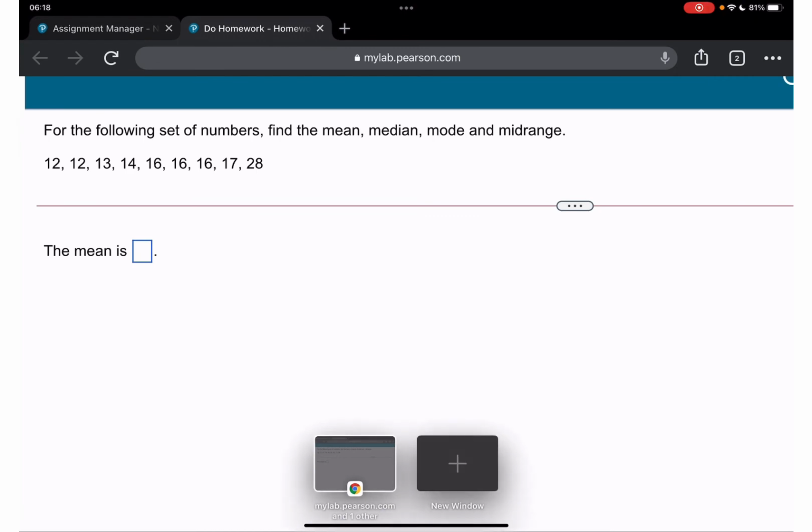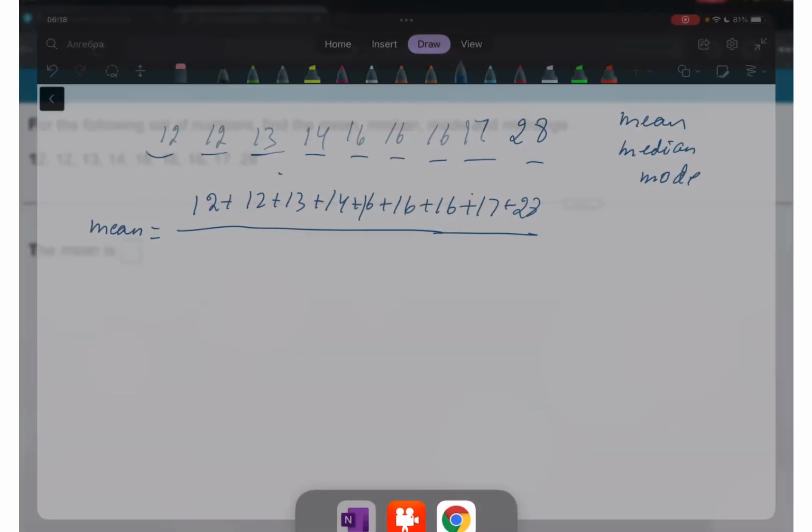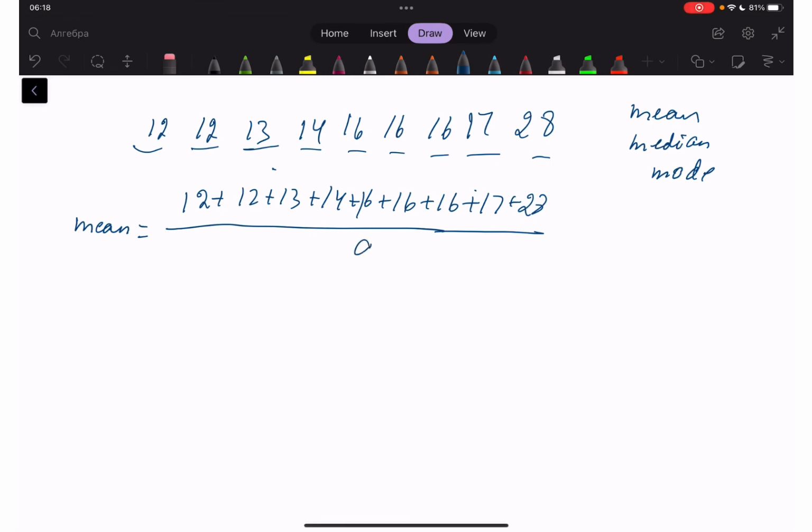So dividing by 9, obviously. Let's do it. I'm going to use a calculator to go fast. 12 plus 13 plus 14 plus 16 times 3, it's going to be 48, plus 17 and plus 28.